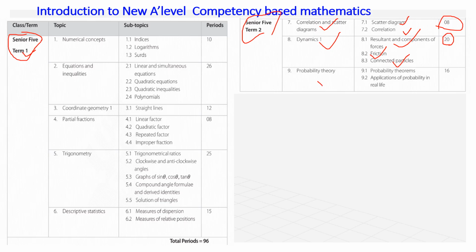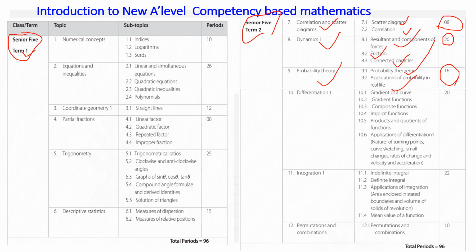We shall move to probability theorems and applications in real life, and this will take us 16 periods. We shall also move to differentiation 1, and in particular gradient of a curve, gradient function, composite function, implicit function, product and quotient of functions, or the product and quotient rule.